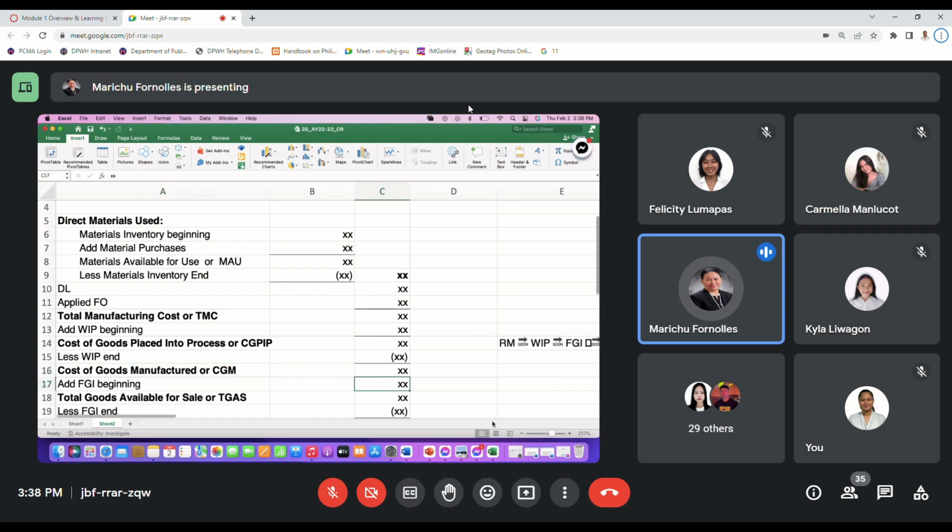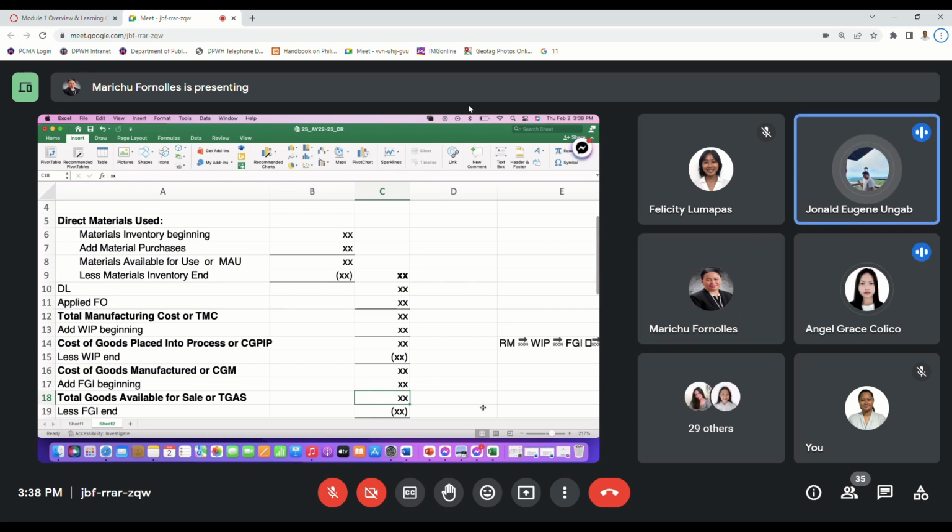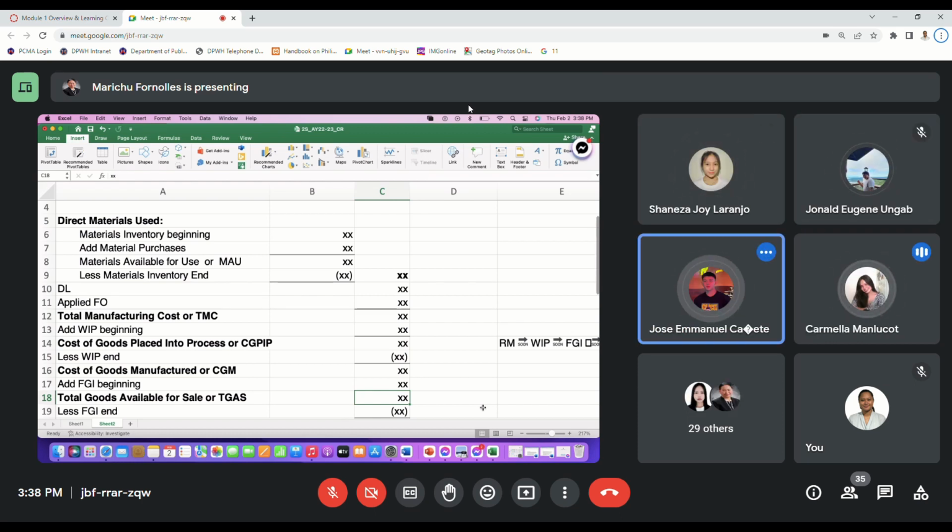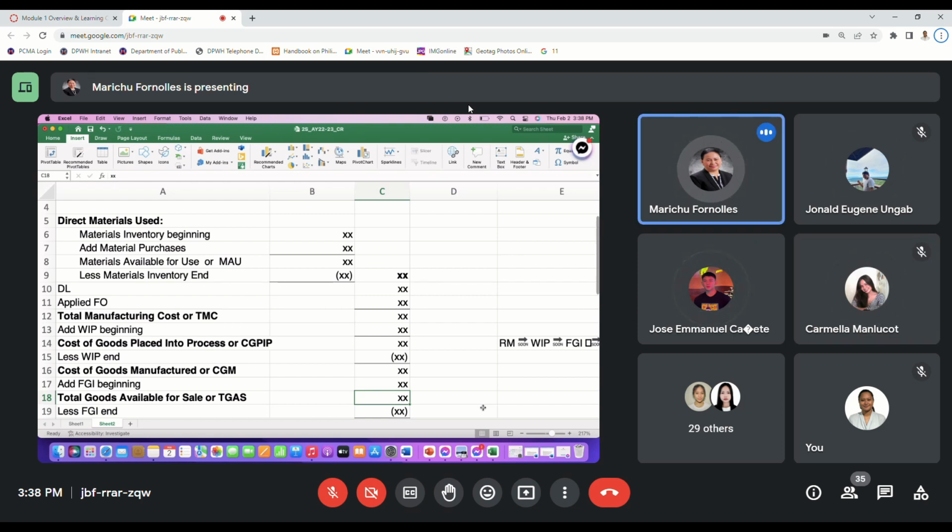Then add your finished goods inventory beginning equals your TIGAS. What is TIGAS? Total goods available for sale, ma'am. Okay, total goods available for sale.